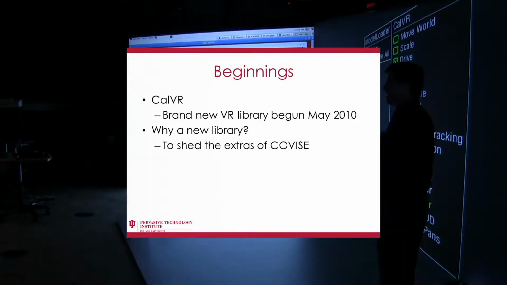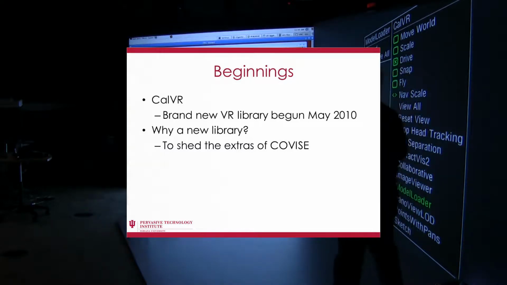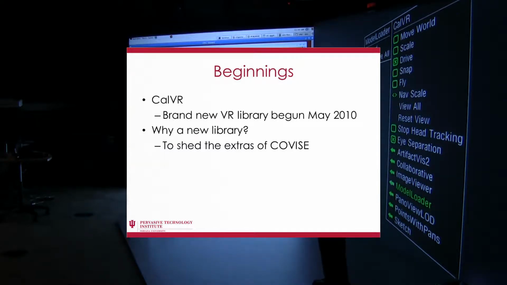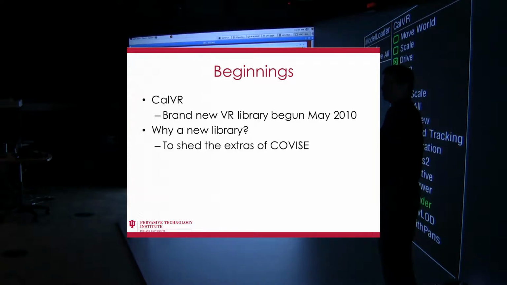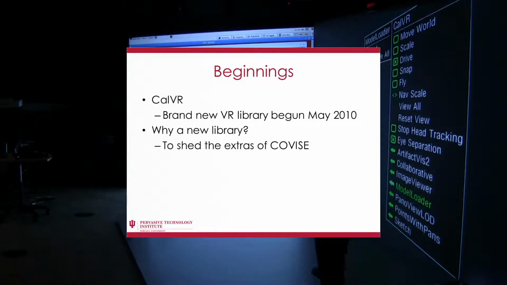But they decided that CoVise, because it's more than a VR library, was too complex and hard to maintain. So they decided to write a library that would allow them to port their VR apps that only use the VR part of CoVise to something a lot more trim that they could maintain themselves. And that is why they wrote their own library.